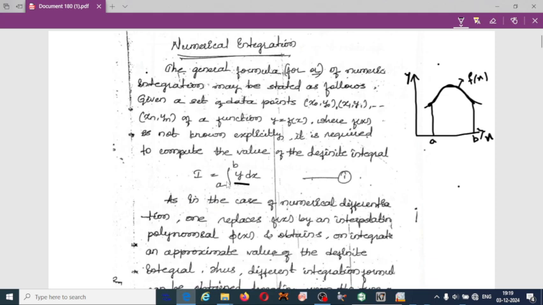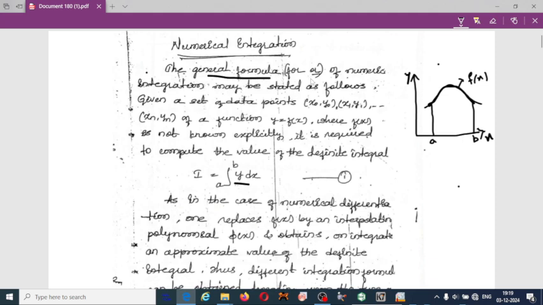Numerical means for the given definite integral a to b. So let us discuss in detail about numerical integration, and the different methods to calculate the numerical value with its help.